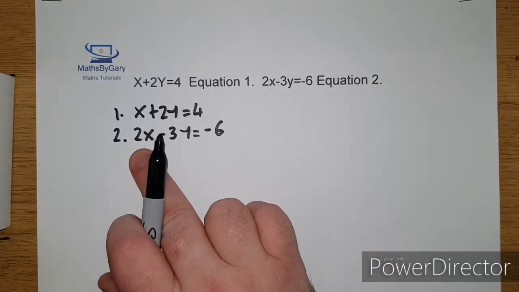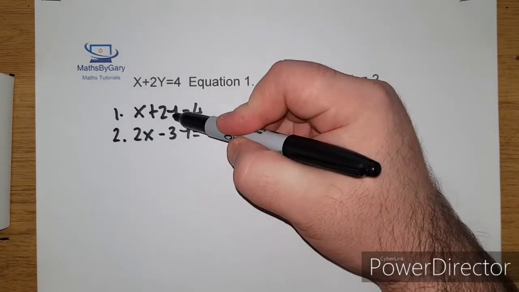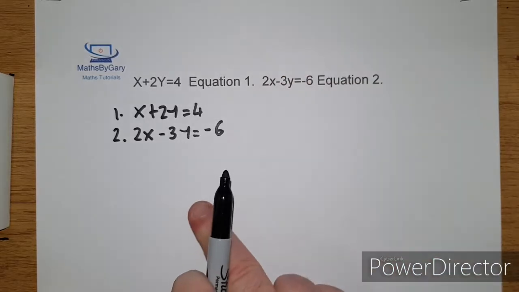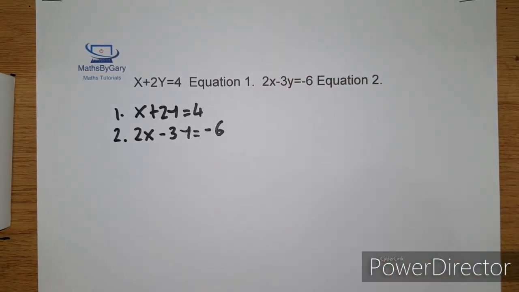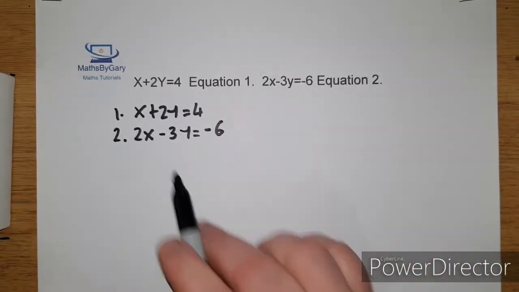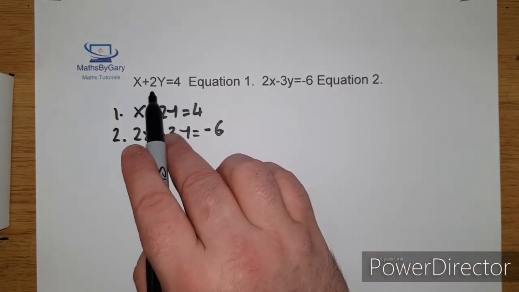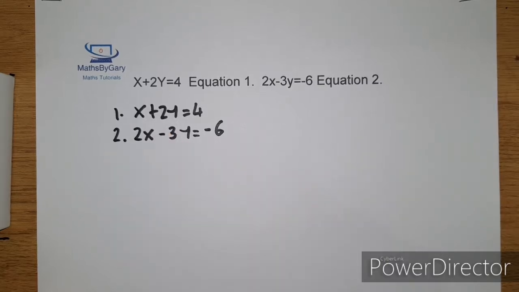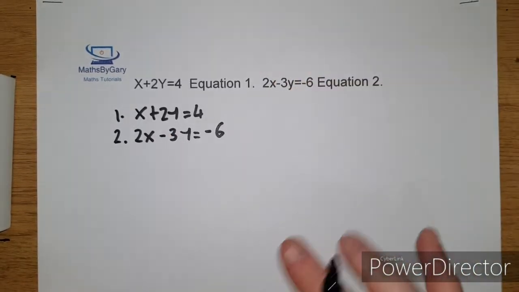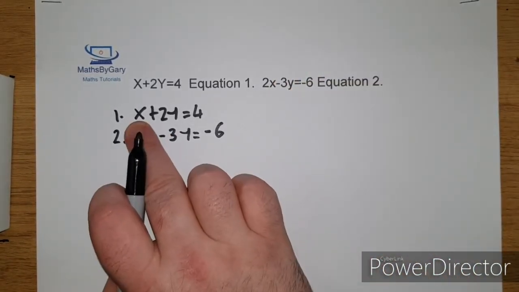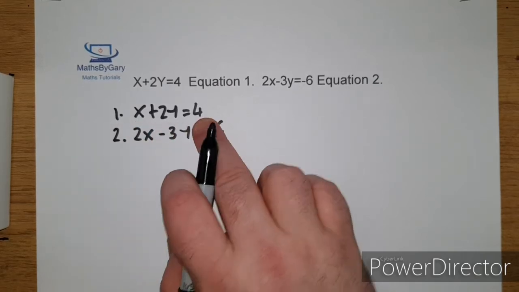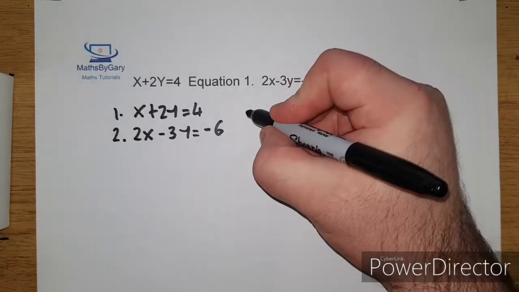So we would cancel out the x and we would be left with y, and we could then find out what y equals. Once we know what y equals, we can put the y back into the equation, x plus 2y equals 4, and find out what x is. Whatever we do to the left hand side of the equation, we must do to the right hand side. It has to be universal.